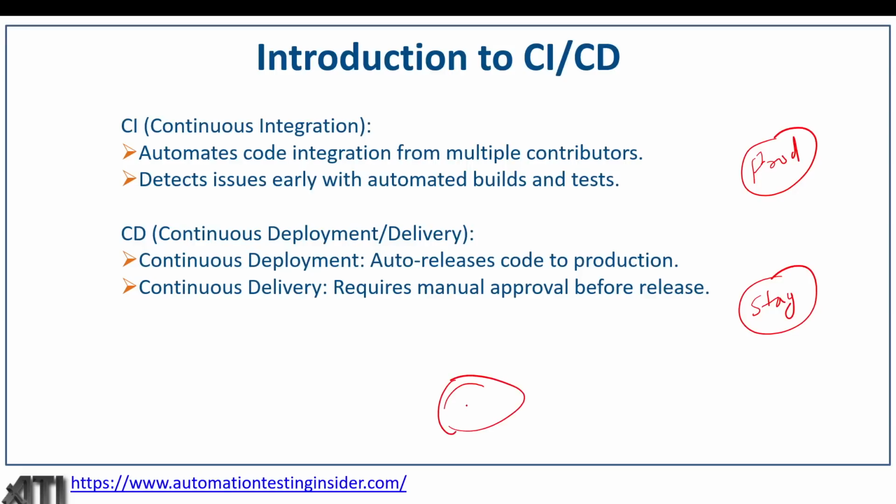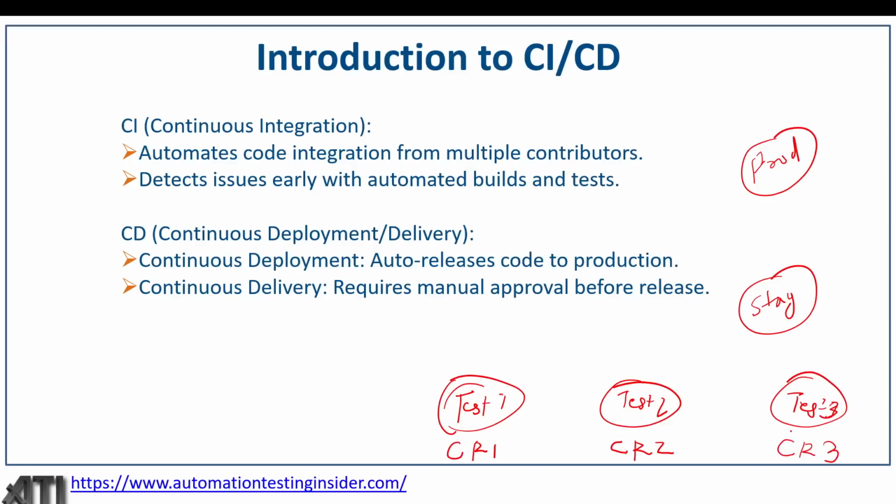Let's say this is the test or development environment, test 1, and here we have test 2, and let's say here we have test 3. And let's say for these we got change request 1, change request 2, and change request 3. These are the different changes, guys, which are deployed on these servers.